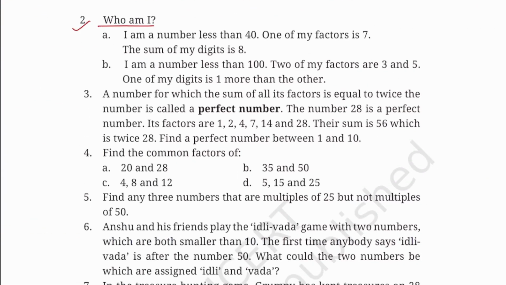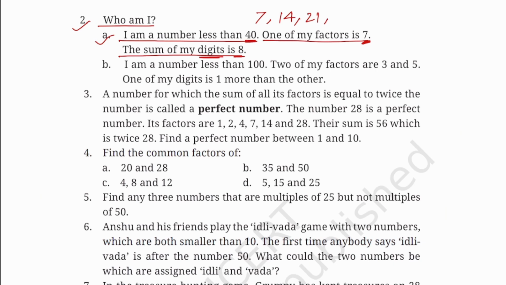2. Who am I? A. I am a number less than 40. One of my factors is 7. The sum of my digits is 8. Since the number has 7 as the factor, we can write all multiples of 7 and check for which the sum of digits is 8.